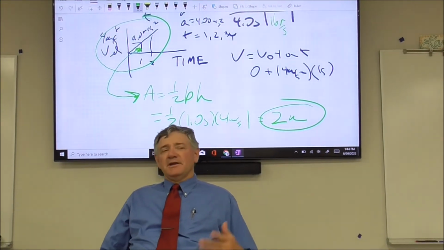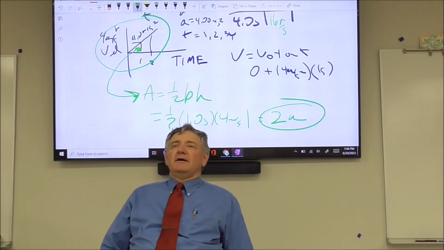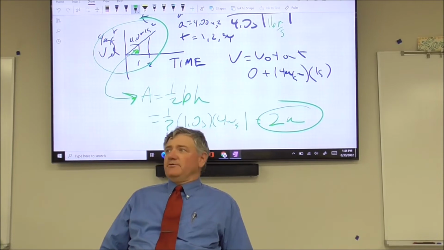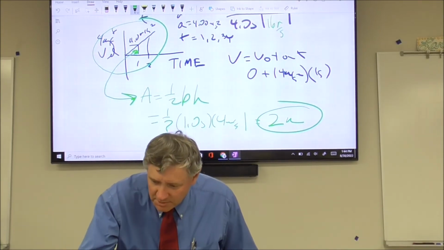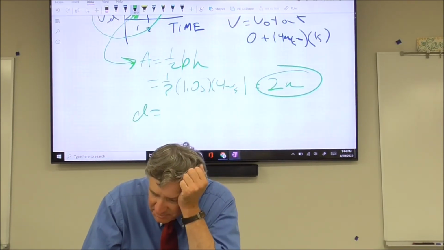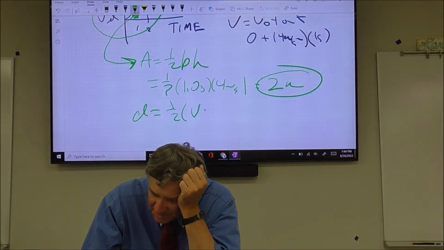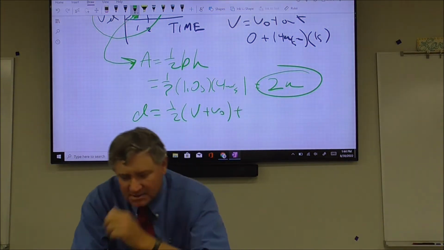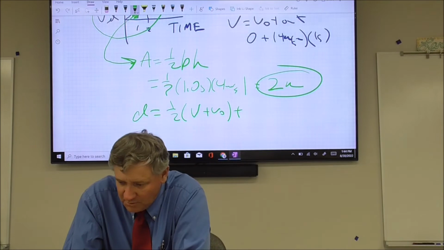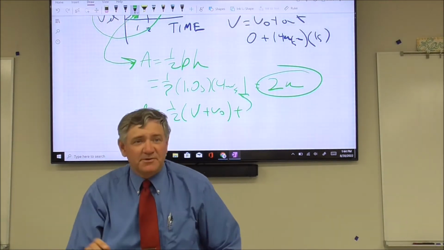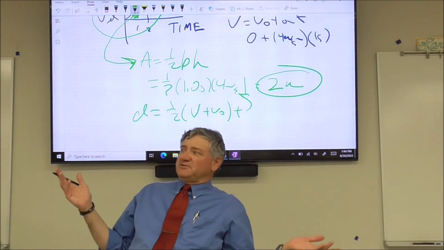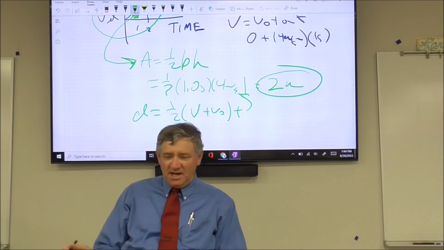Right. Now you go, Mr. Burkamp, I like equations. Okay, cool. You could do distance equals 1/2 (v plus v naught) times time, which is basically the exact same thing that you're doing up there. You're finding the area of a triangle. It's the average. What's my average velocity?